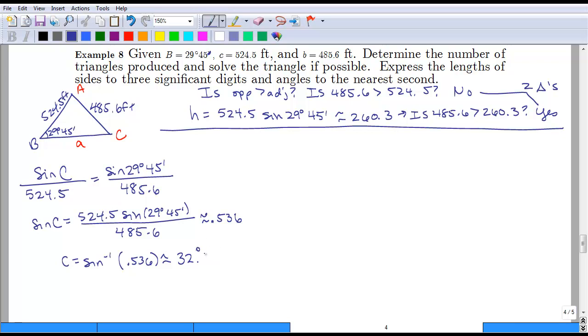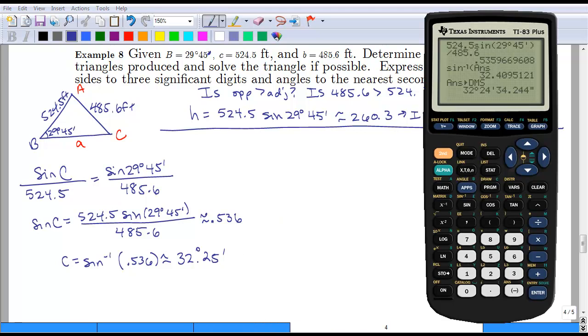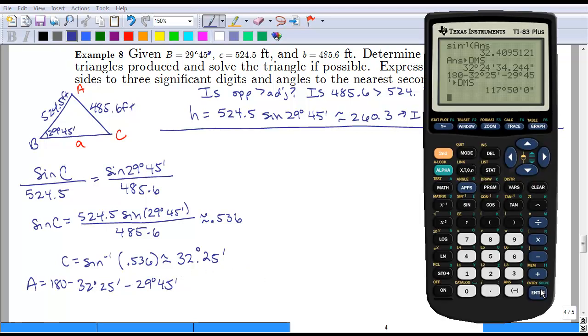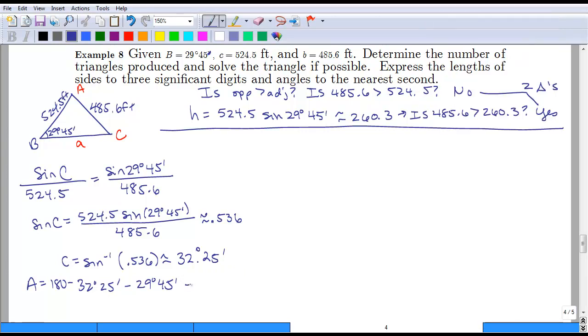We'll just stay with minutes here. Since that's over 30 seconds, we'll round that up to 25 minutes. And so then we can find angle A. Angle A is going to be 180 minus this 32 degrees, 25 minutes, and minus the given 29 degrees, 45 minutes. We end up with 117 degrees, 50 minutes.